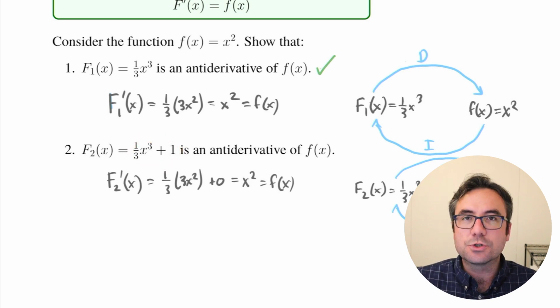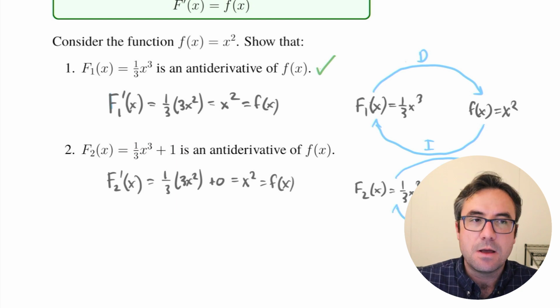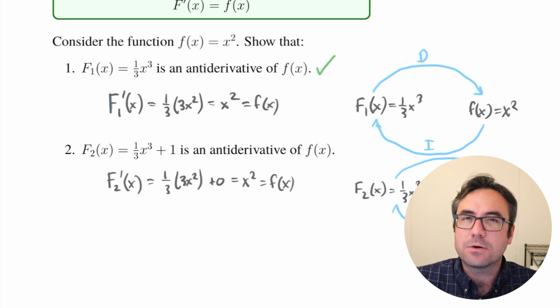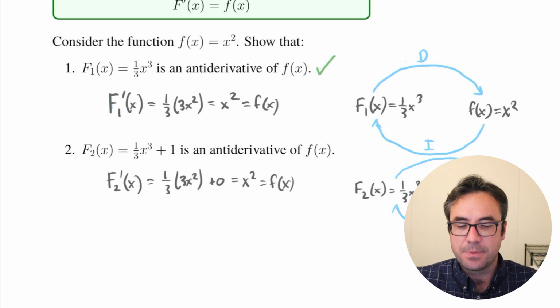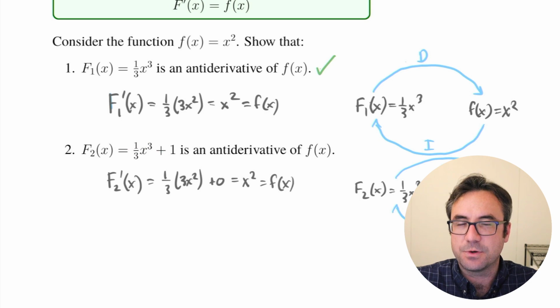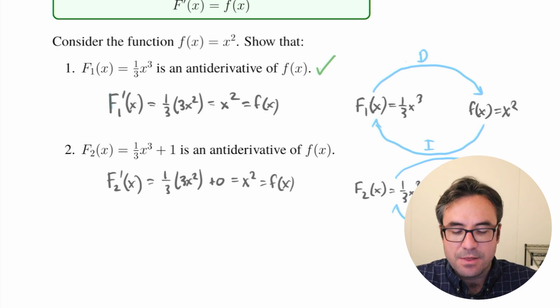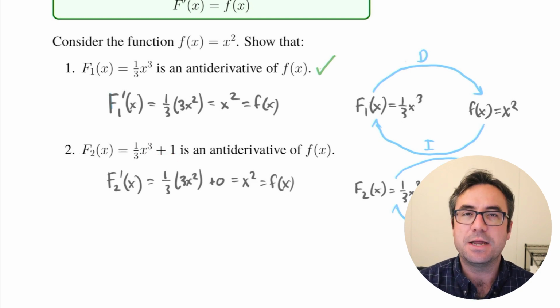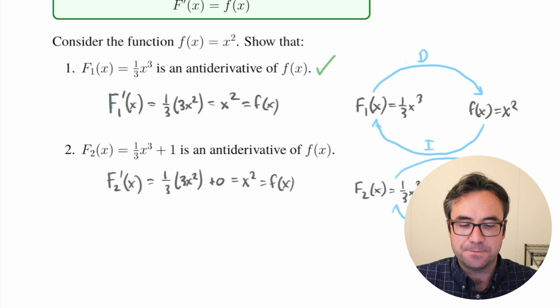So usually a function has many, many different antiderivatives, but they're all kind of similar to each other. Really, the main part here is this variable part. That's what makes this antiderivative stand out. The constant that gets added on at the end changes things, but it doesn't change things that much.